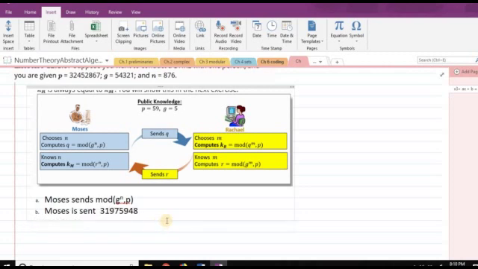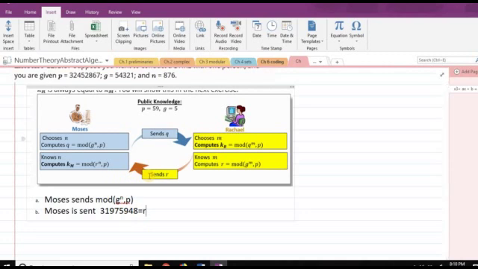Now, that's this R, right? Because he sends Q and then he gets sent R back again. So that's your R. And the shared... you don't know what M is because you're Moses.